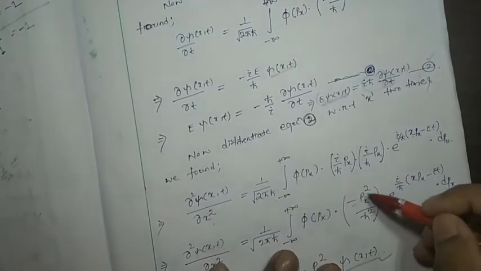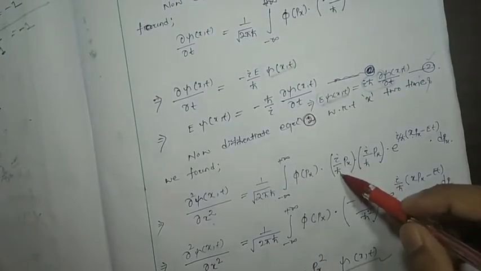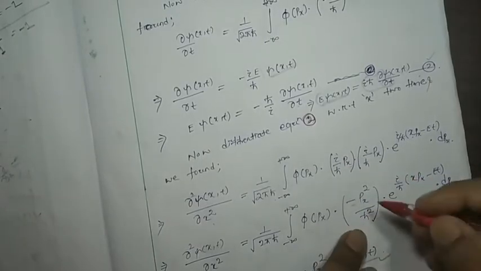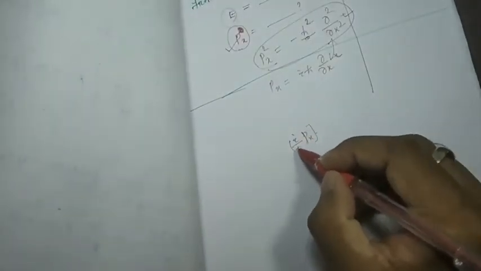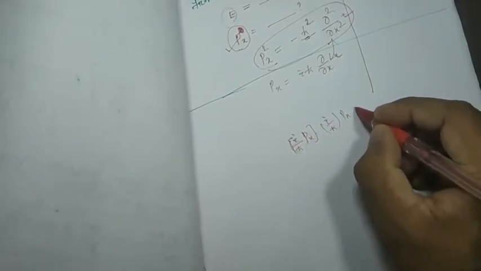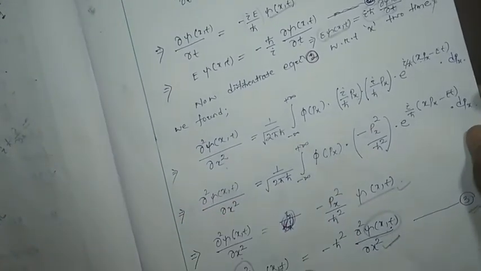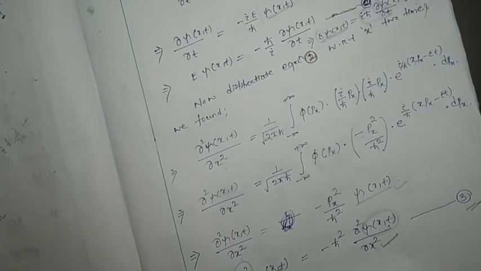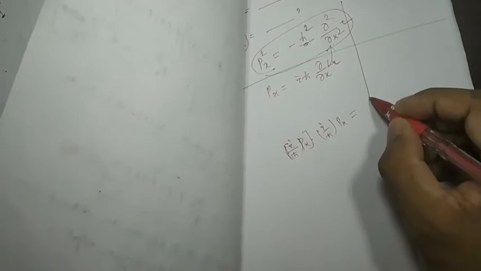See, here i by h cross px into i by h cross px will be nothing but equal to this one. That means i by h cross into px into i by h cross into px is nothing but this side.